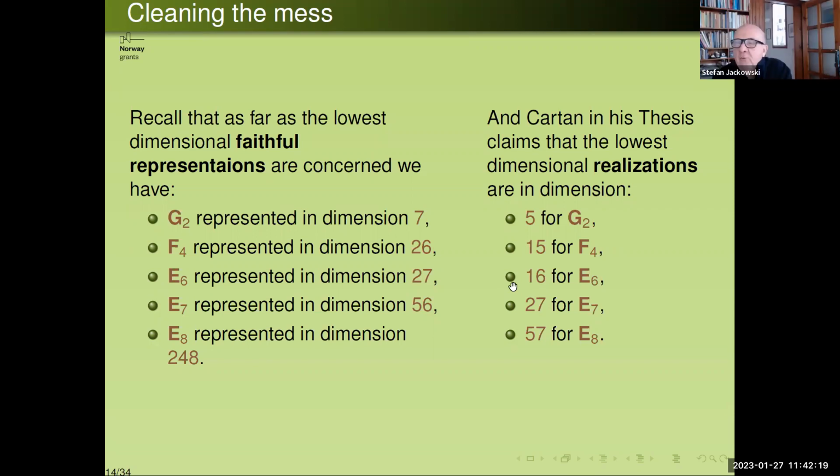No, why do you distinguish between realizations and just classifying closed subgroups? Because if you have a closed subgroup, then you have a transitive action on the coset space. So what's the point? From what viewpoint are these lowest dimensions? Because for me, okay, the dimension is 0. Okay, thank you.